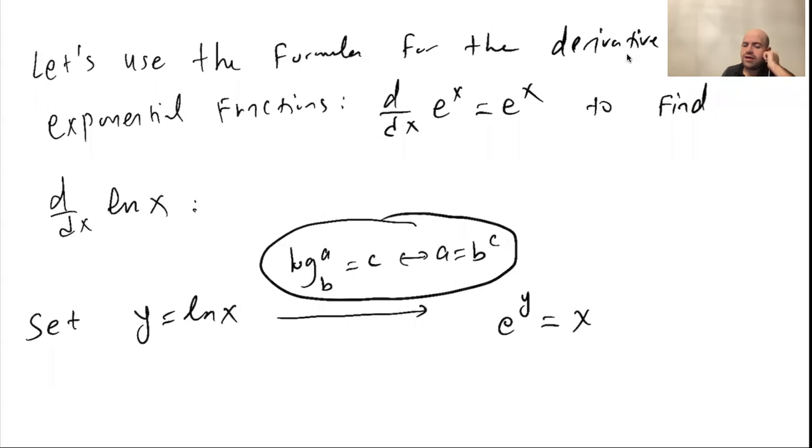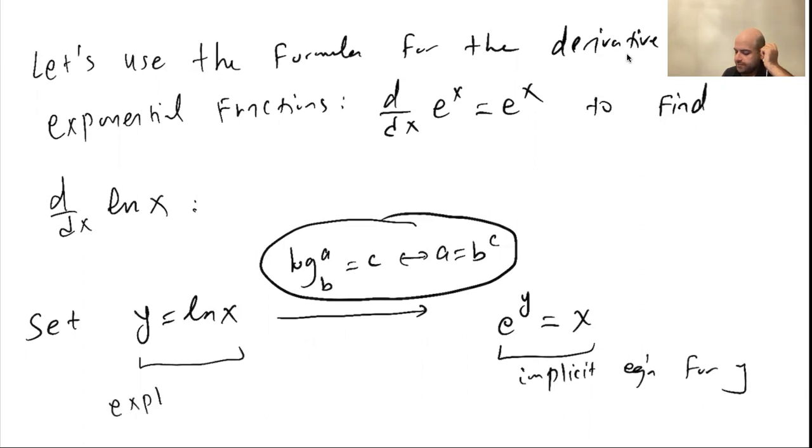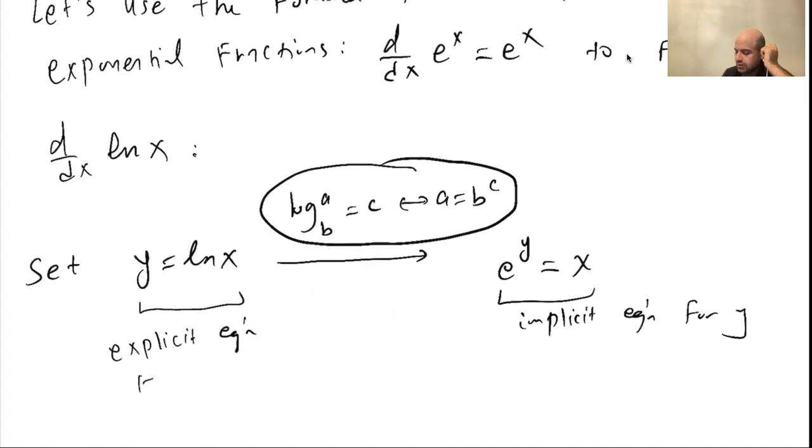Now, I have an implicit equation. This is an implicit equation for y. This one is an explicit equation for y. What was the difference between an explicit equation and an implicit equation? Well, it was simple.